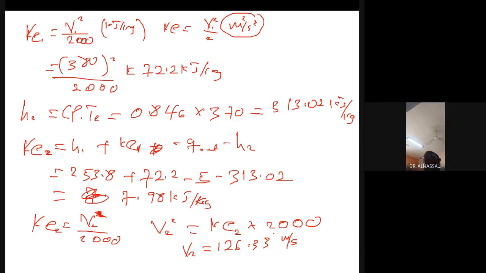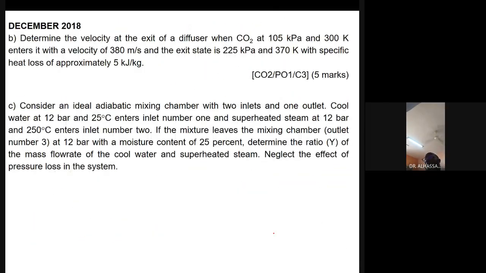Okay, now the next question says, consider an ideal adiabatic mixing chamber with 2 inlets and 1 outlet. Cold water at 12 bar and 25 degrees Celsius enters inlet number 1, and superheated steam at 12 bar and 250 degrees Celsius enters inlet number 2.